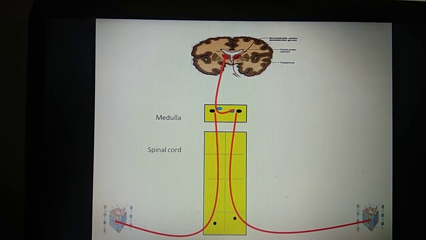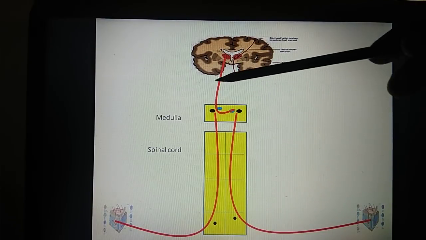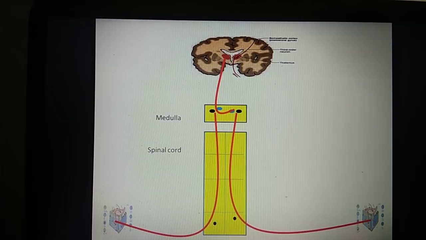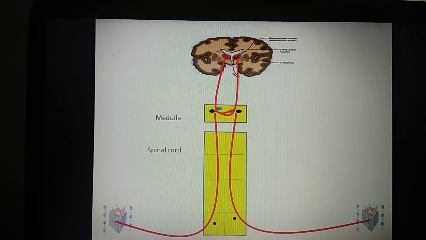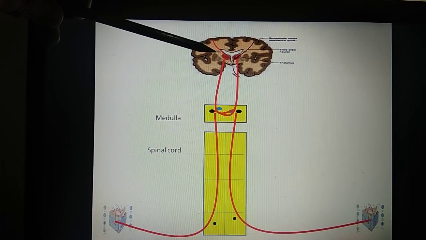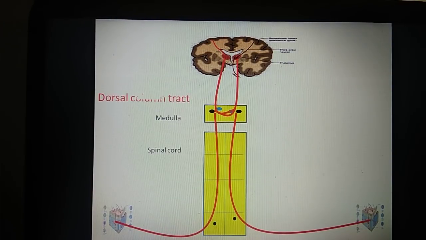Information from the right side goes to the left side, but the level of crossing is above the medulla. Similarly, the opposite side. And from the thalamus it goes to the sensory cortex. Now this tract is called the dorsal column tract, also called the posterior column tract.